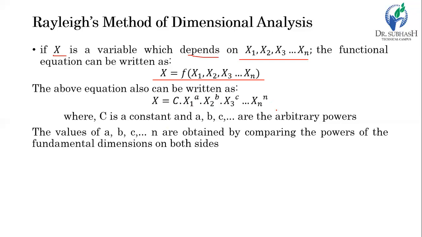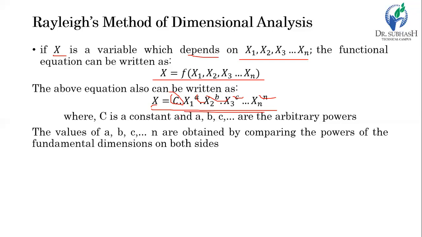The calculation we have to do is to calculate the values of C, a, b, c, and n. And this is the solution. By calculating the values of C, a, b, c, and n, the powers of all the independent variables, we can establish the relation between this dependent variable and these independent variables.